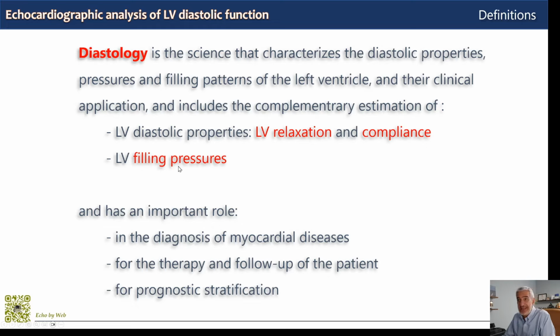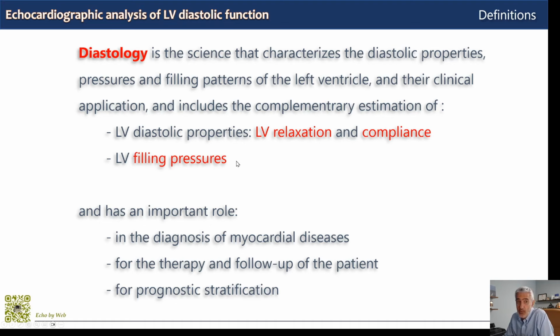We say estimating and not measuring the determinants and filling pressures because we use echocardiography, which is a non-invasive methodology, and so we do not directly measure intracavitary pressures, from which the various diastolic properties, relaxation and compliance, can be calculated.